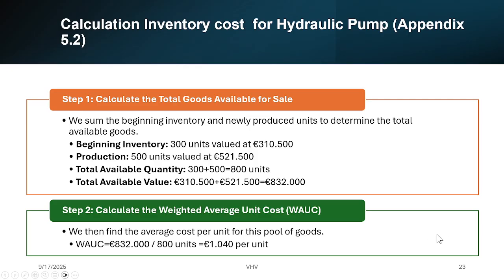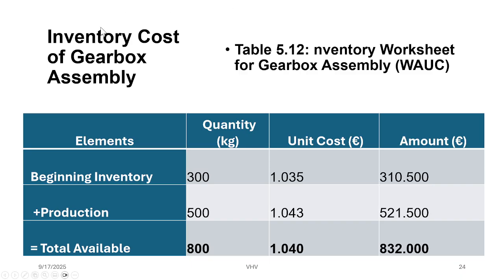We calculate the inventory cost for hydraulic pump in two steps. The first step, we calculate the total goods available for sale. The second step, we calculate the weighted average unit cost of this product line. We combine the beginning inventory of 300 units with the new production of 500 units, which gives us a total of 800 units available.